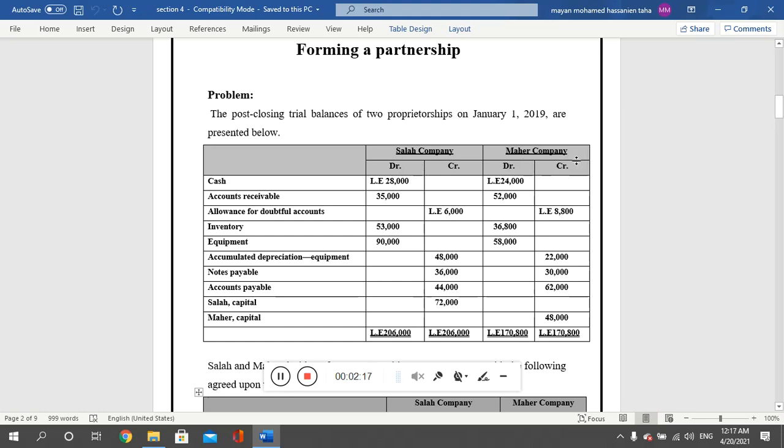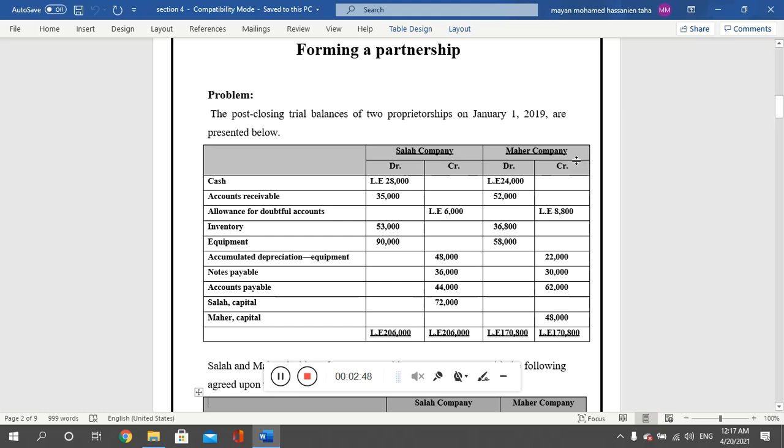For this trial balance, as we talked about in the sole proprietorship, first we prepare journal entries, and after that we post to the ledger. After that we make closing entries, then financial statements, then a trial balance before adjustment.